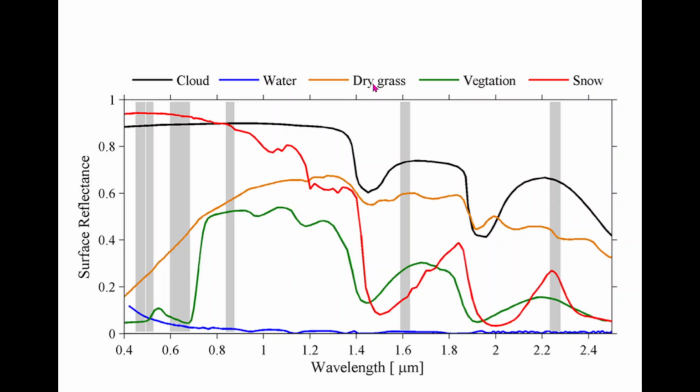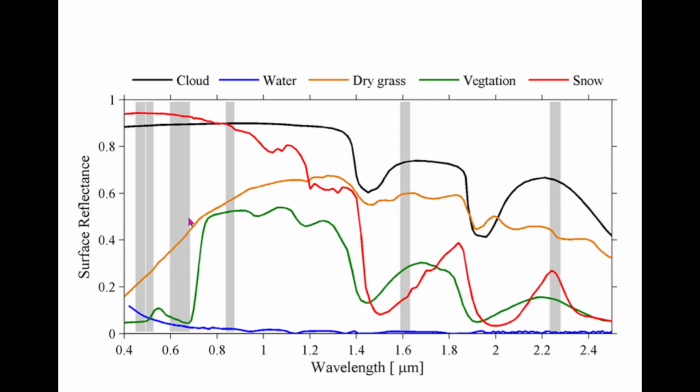Similarly, look at the dry grass. Dry grass also shows a similar trend. It reflects very low, a negative trend when we compare it to water body. It shows higher absorption or lower surface reflectance in violet, indigo color, whereas as we reach red, the wavelength increases and the frequency reduces.